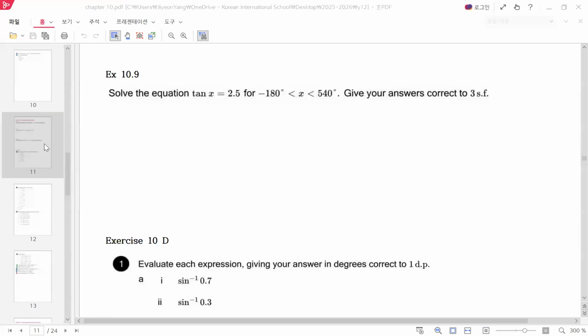Tangent. Solve the equation tangent theta equals 2.5 for negative 180 to 540. So 0 to negative 180, and then 0 to 540 means 360 plus 180. So it means one full turn in the positive direction and then one more half turn.